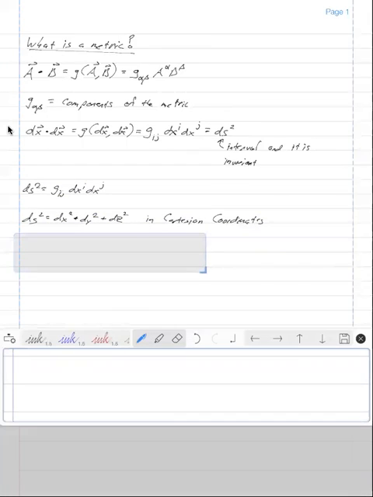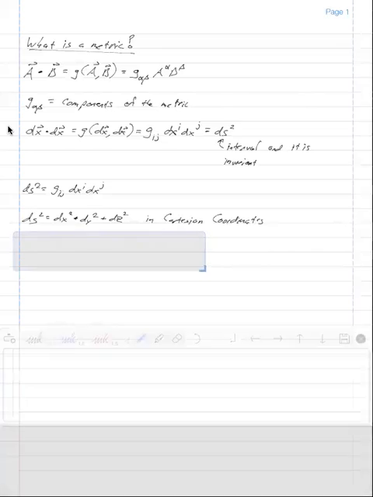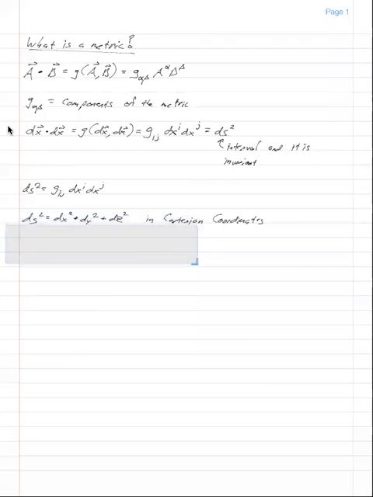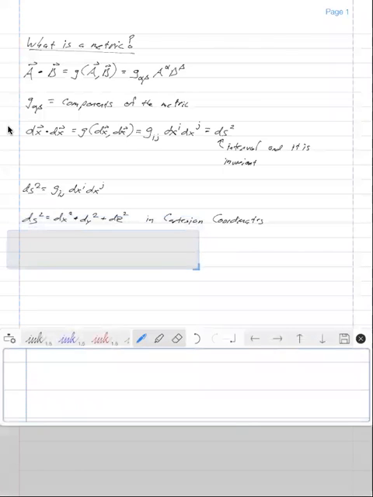And if you know the interval in this way, then just by looking at the interval, you can inspect what the metric is. Apparently there are no cross terms. So there are no terms where i and j are not equal to one another. Otherwise, you would have a term like dx dy, but we don't, or dx dz, but we don't have any of those. So the only terms in the metric are ones in which i and j equal one another.